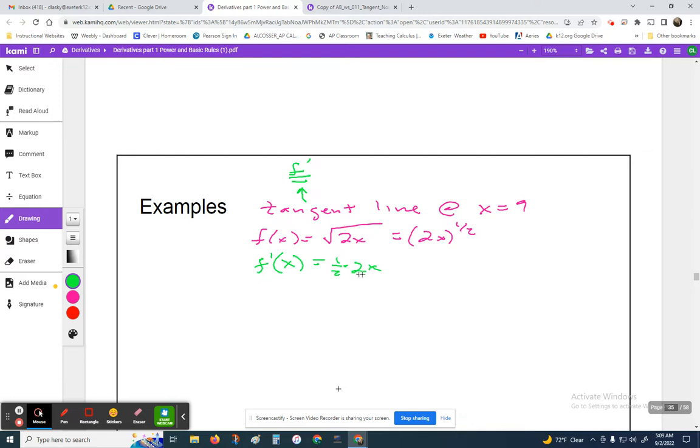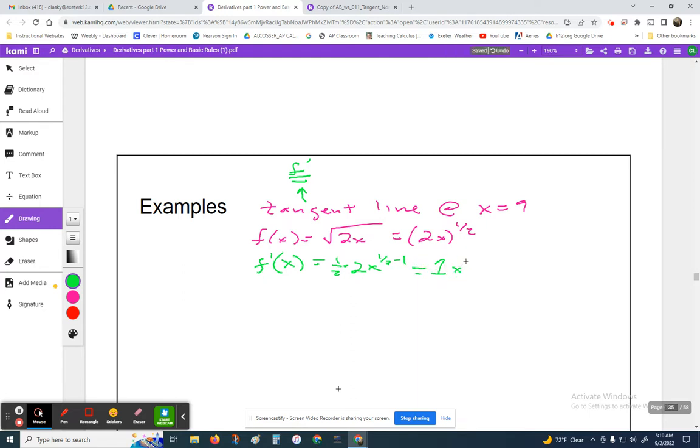This is where it gets a little sticky. 1/2 times 2 x to the 1/2 minus 1. So that changes some things here. So 1/2 times 2 is just 1, so we're good there, right? So we have 1, and then we have 1/2 minus 1, which is negative 1/2.